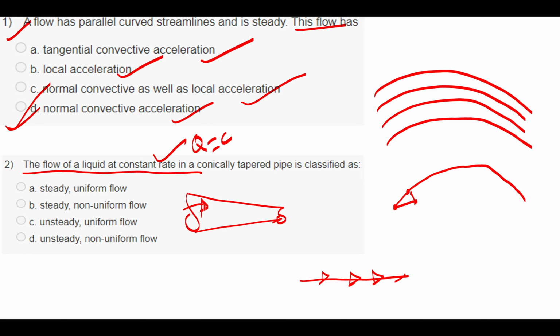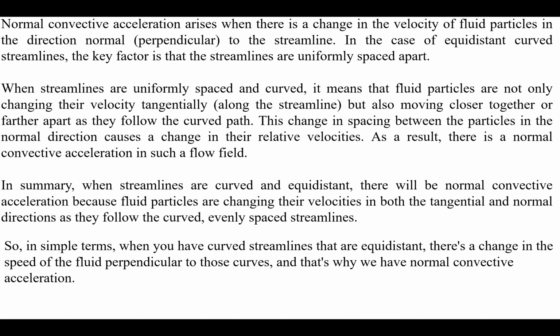Whether it is steady uniform flow or steady non-uniform flow. Water entering from here is constant, so it is steady, but not uniform, because at a particular time at every section your velocity will be different because it is tapered. So it is non-uniform steady flow. So these are some descriptions.